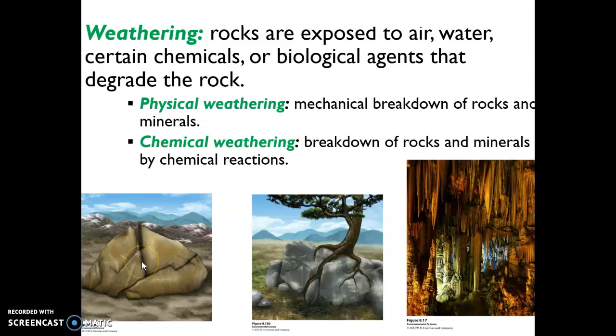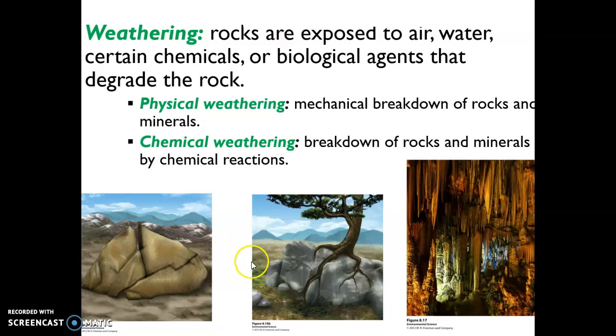Water can get into those cracks. And remember the properties of water. It might freeze. And when it freezes, water expands. As it expands, it breaks apart the rock. So water turning to ice and physically breaking apart the rock is one example of physical weathering.